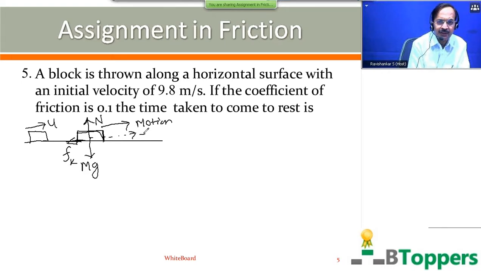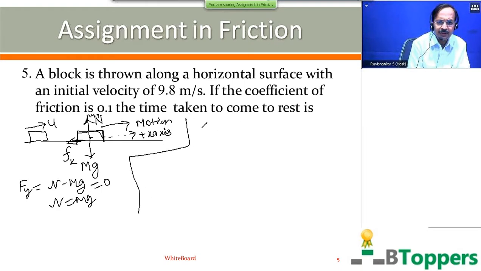You can choose the direction of the motion as x-axis and the direction perpendicular to motion as y-axis. So the y component of the resultant force on the block is N minus mg, that is 0, or N equal to mg in magnitude. And the y component of the resultant force on the block is 0.